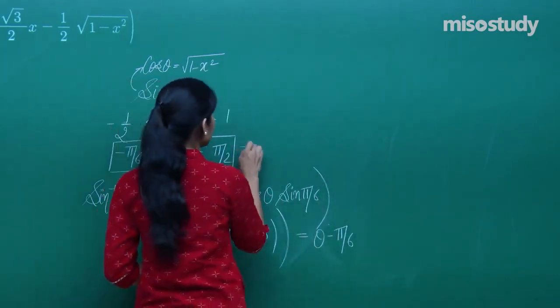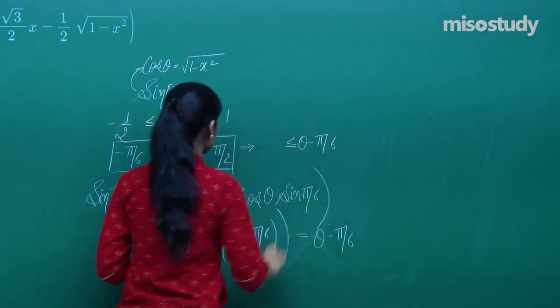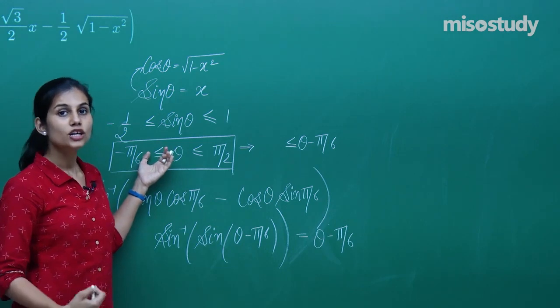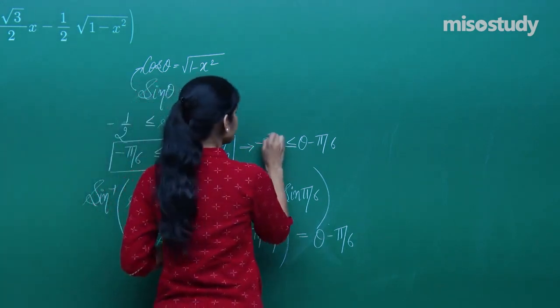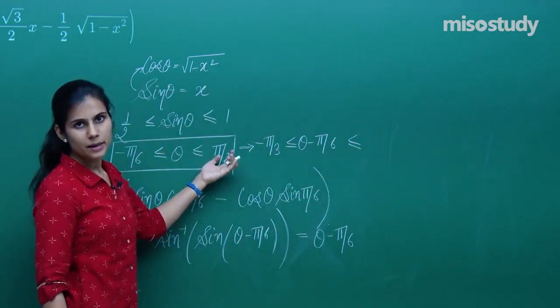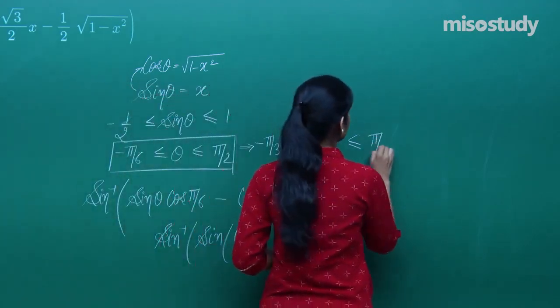So theta minus pi by 6 lies between minus pi by 6 minus pi by 6, which is minus 2 times pi by 6, which is minus pi by 3, and pi by 2 minus pi by 6, which is 2 pi by 6, which is pi by 3.